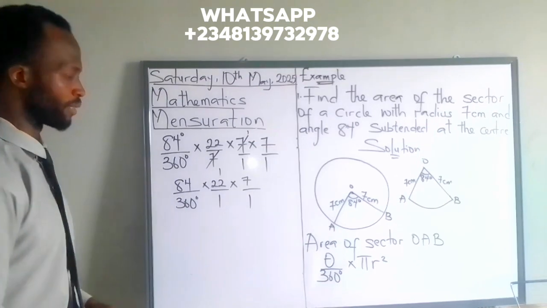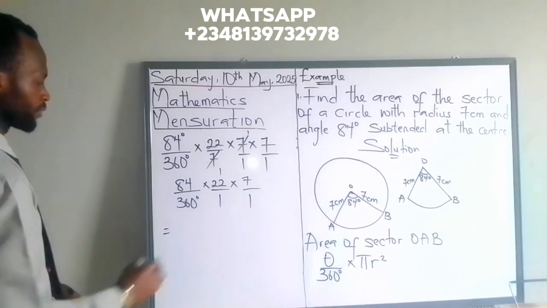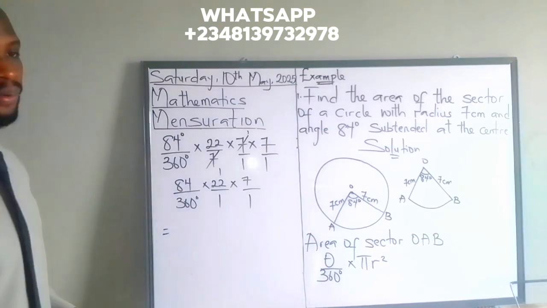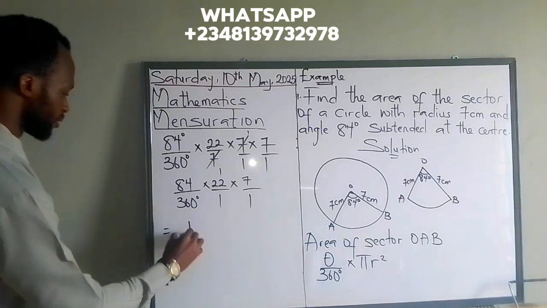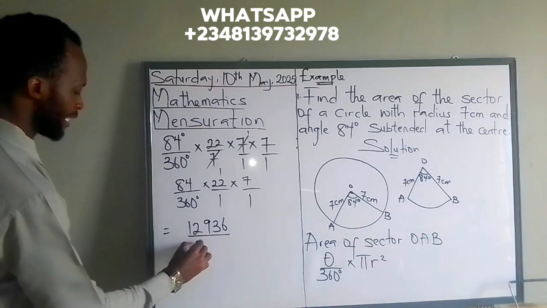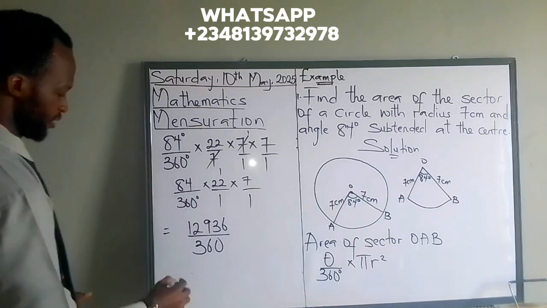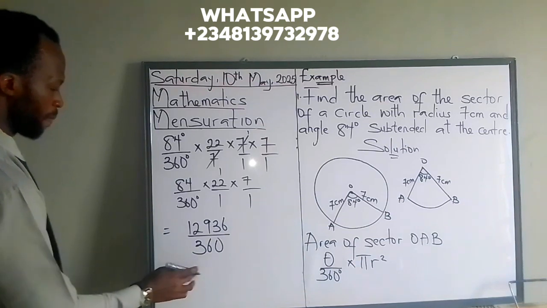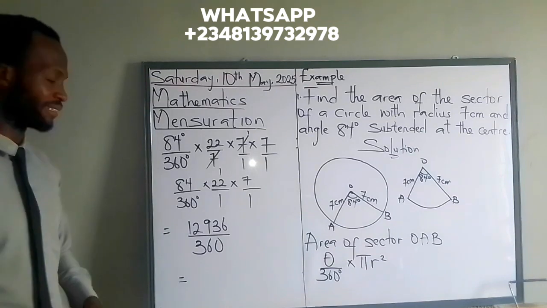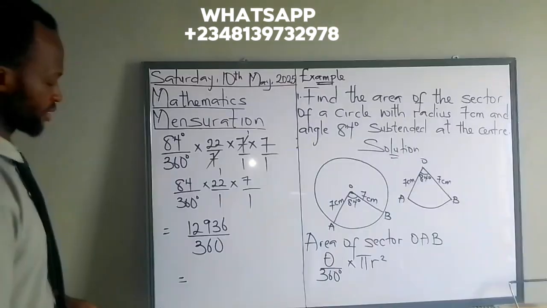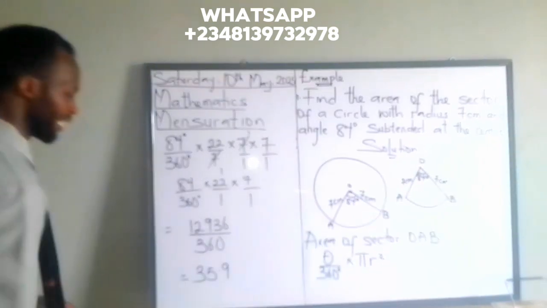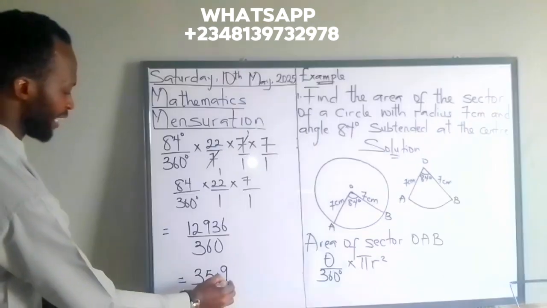So let's get our answer here. 84 times 22 times 7 is 12,936, divided by 360. 12,936 divided by 360 will give us approximately 35.9.